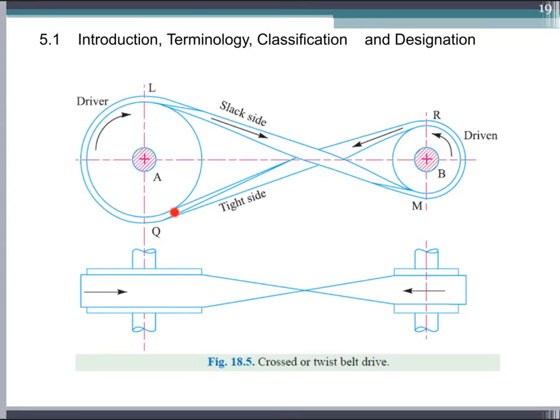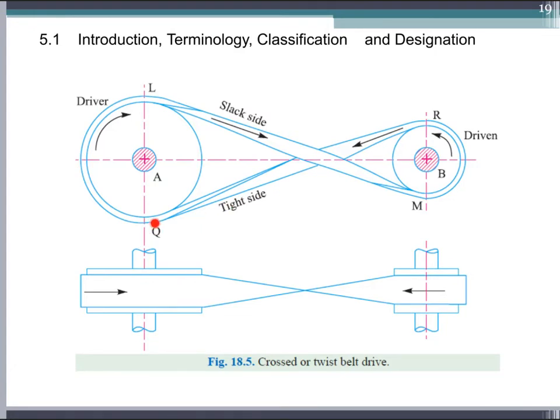So this is the starting point, and this will be the tight side, because the pulling of the belt by the driver happens at this section, point Q.